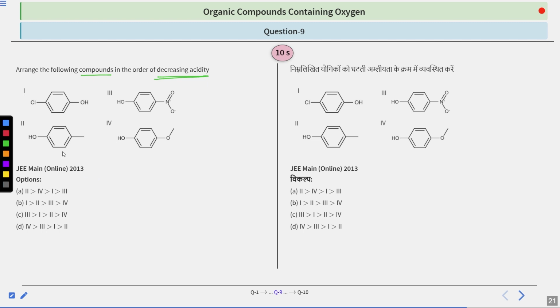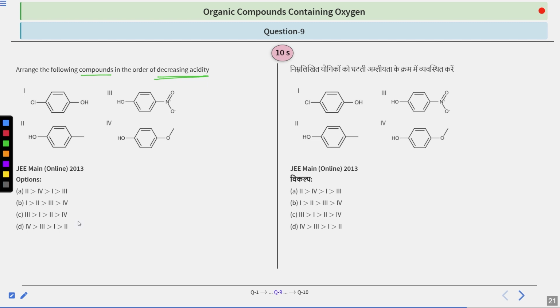Options are that acidity is most for second structure, then fourth, then first, and then third, or most is for first, then second, then third, and fourth, or most is for third, first, second, and fourth, or most is for fourth, then third, then first, and the second. You have some time to think about this question.